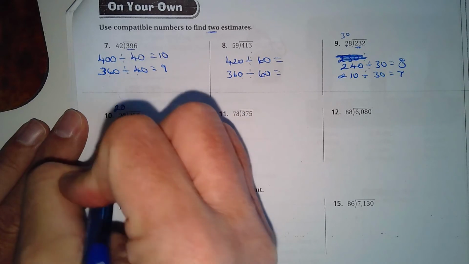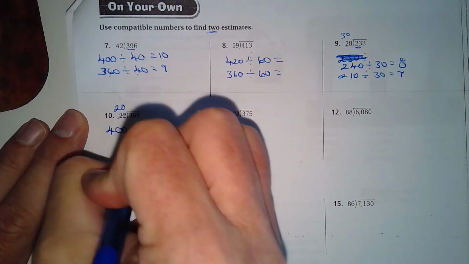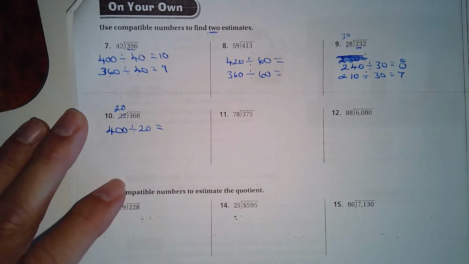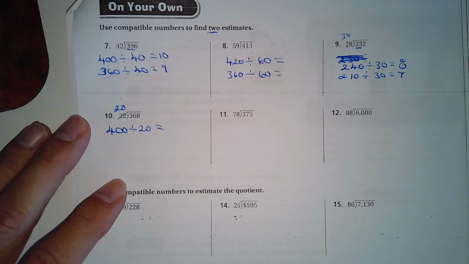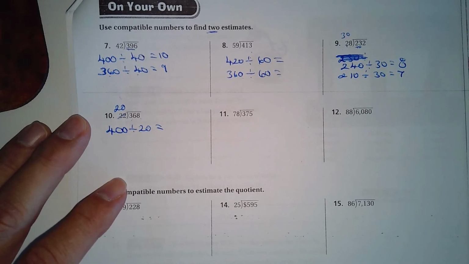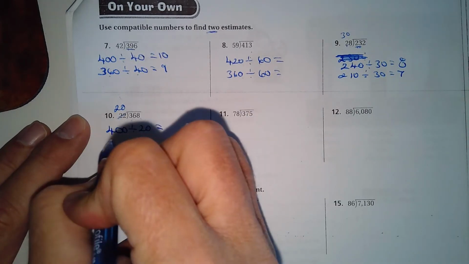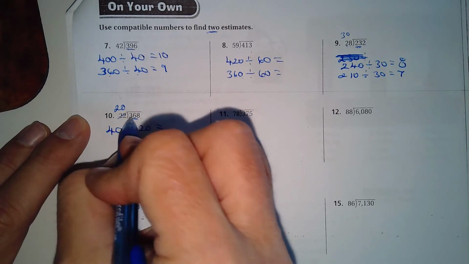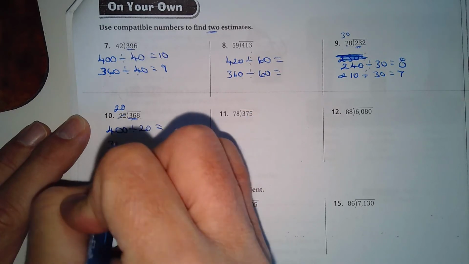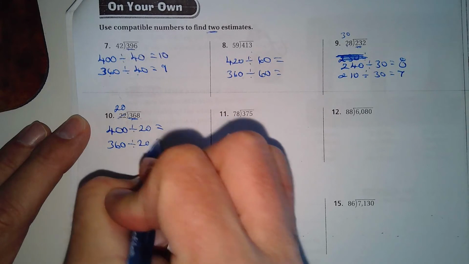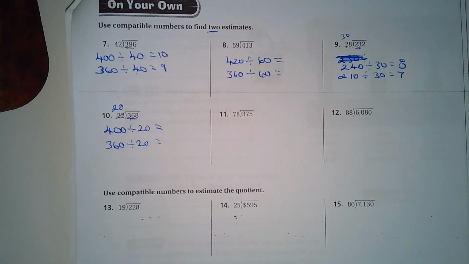Yeah. So it could be 400 divided by 20 equals something. And then we could also do 360. 360 divided by 20 equals something.